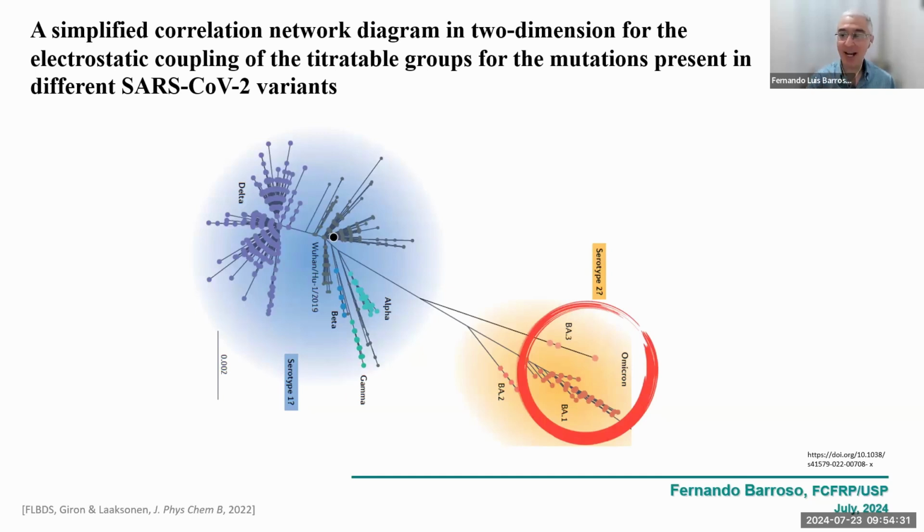So it's nice to see how we can study evolution, biological evolution from the virus, correlate it with electrostatics, and explore it from a computational point of view, because we calculate such things using a computational approach.